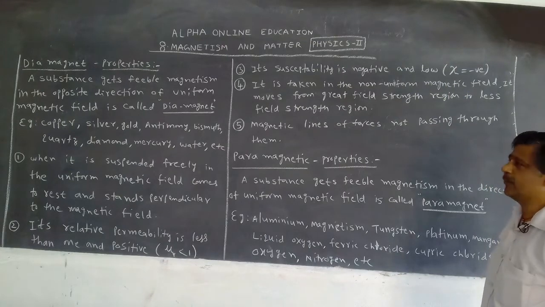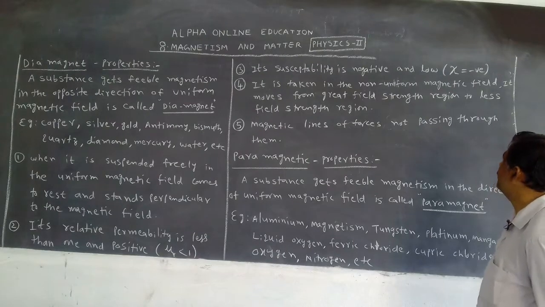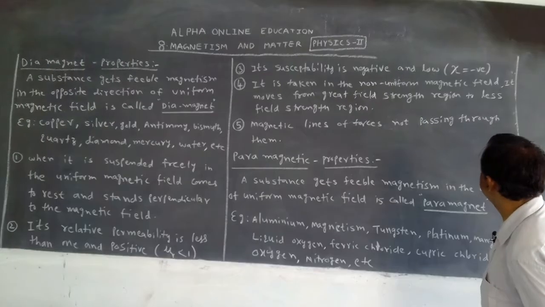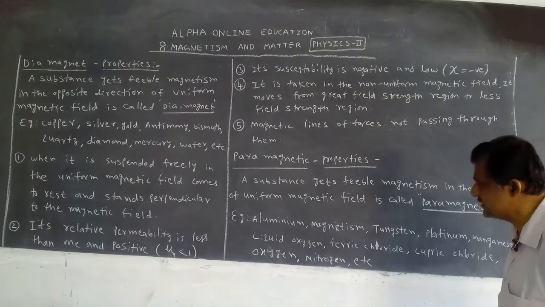Fourth property: when it is taken in a non-uniform magnetic field, it moves from the greater field strength region to the lesser field strength region.